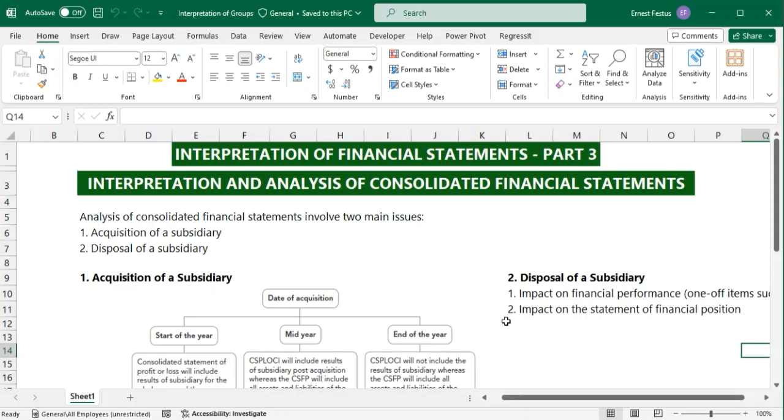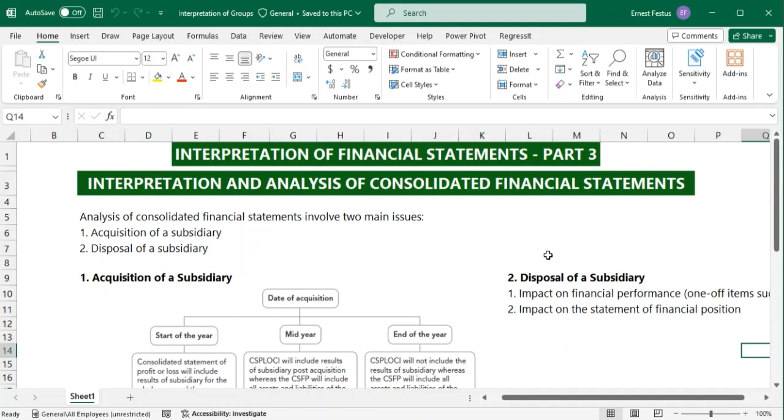So you have to make some adjustments in the financial statements to be able to get comparative figures. So when we are doing the analysis, you actually realize that there are some adjustments you have to do in the financial statements before you can actually get very good ratios for comparison. So that we do when you are analyzing consolidated financial statements.